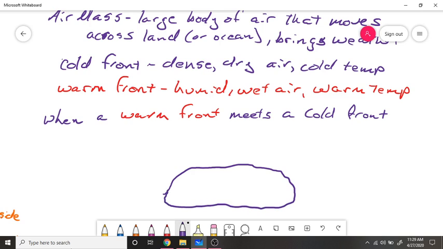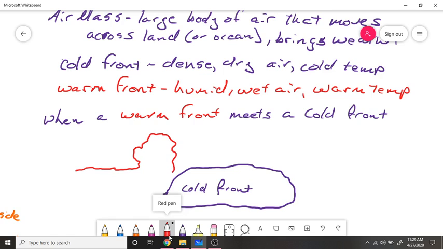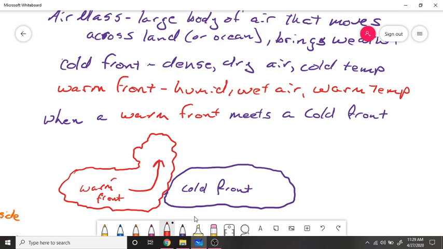Here's our cold front. Our warm front is moving up from the south because the air is much warmer down there, and it bumps right into that cold front. And it forces that hot air to rise very quickly.